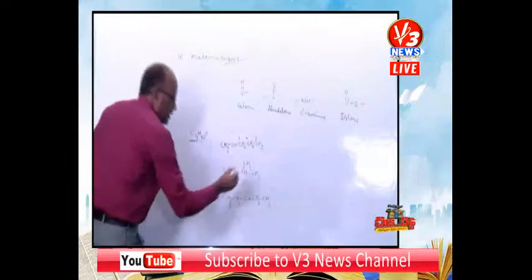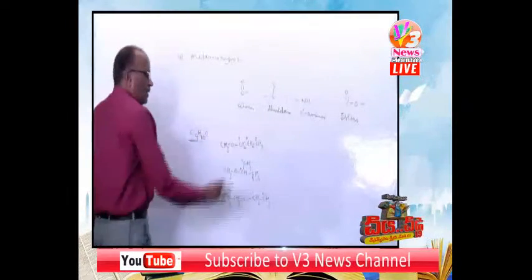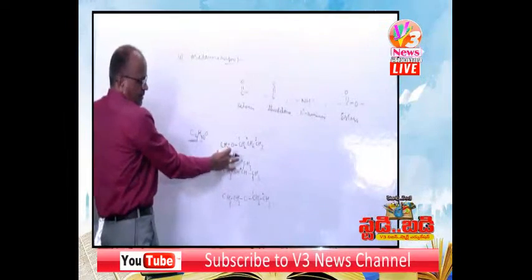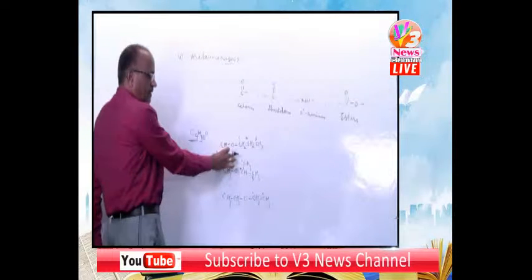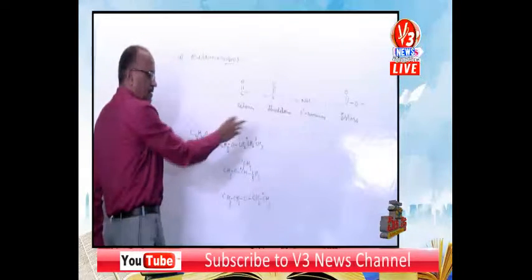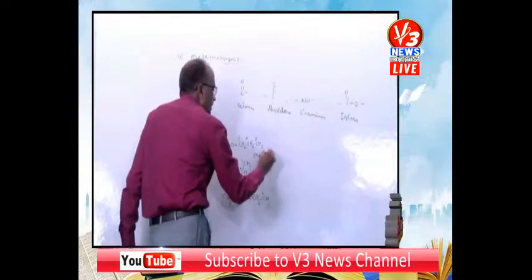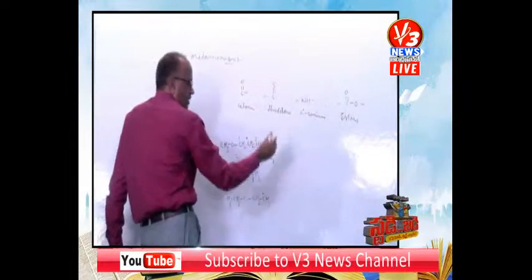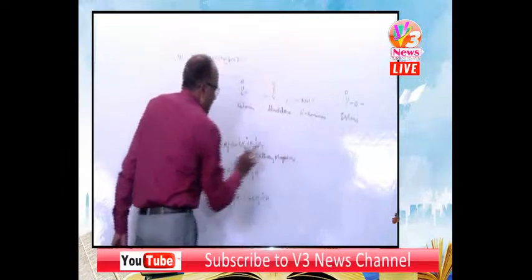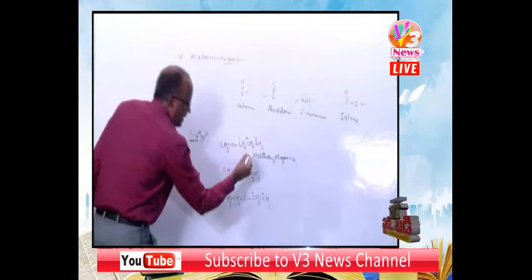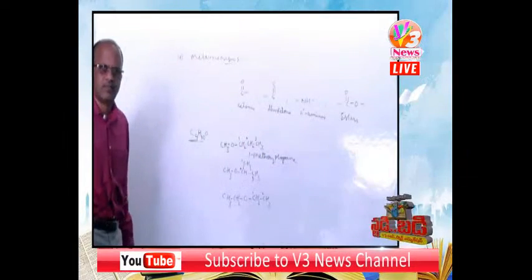Then we see IUPAC names of these 1, 2, 3. This is the parent chain. Here this is the parent chain. Then this alkyl group has fewer carbons, that is methyl. So, a prefix is used, methyl plus oxy, methoxy. Then what is the parent? 3 carbons and a single bond. So, methoxypropane. Now, you see this one, this methoxy group is attached to the first carbon, that is why it is called 1-methoxypropane.